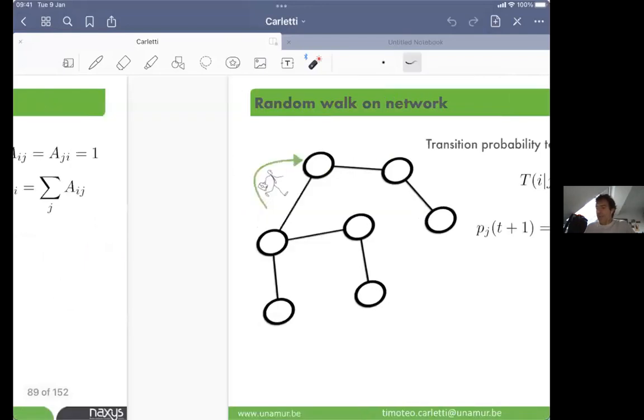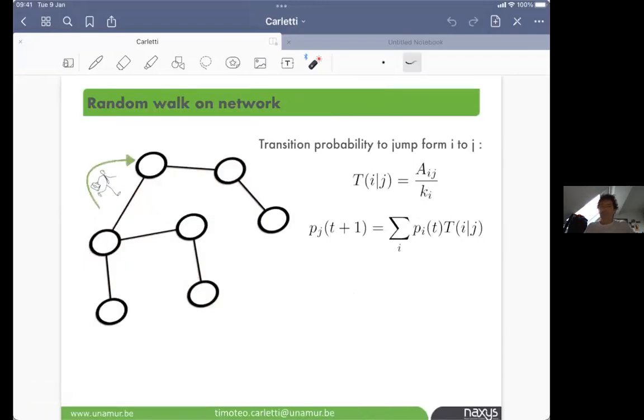Then, as I told you, the walker jumps with a probability which is uniform with respect to the number of links or neighbors. So he was there, the degree is 3, so with probability 1/3 he chooses one of these 3 nodes. And so the transition probability is given by the existence of a link between i and j, because otherwise you cannot jump, divided by k_i, that is, A_ij/k_i.